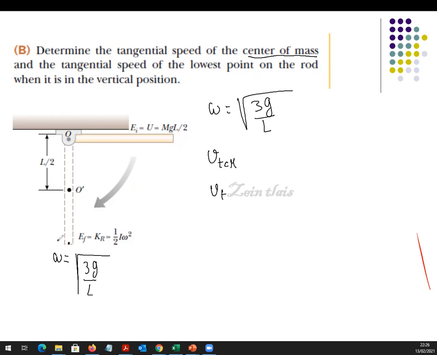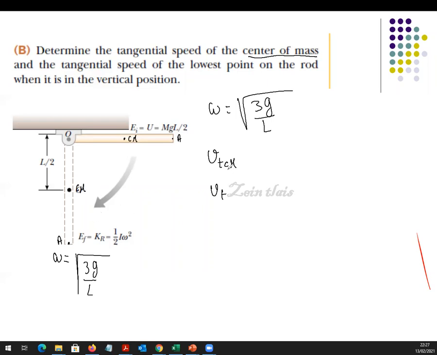It means the point A. Here we have the point A in the initial position, and here we have the point A at the final position. Here we have the center of mass in the initial position, and here in the final position.